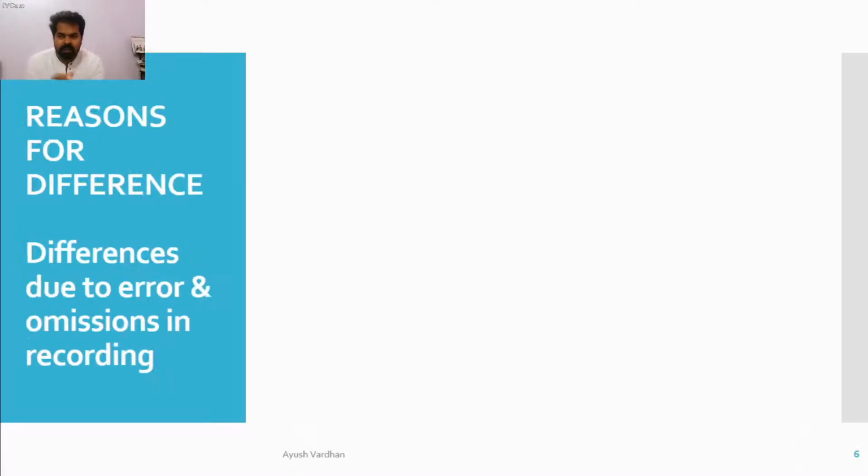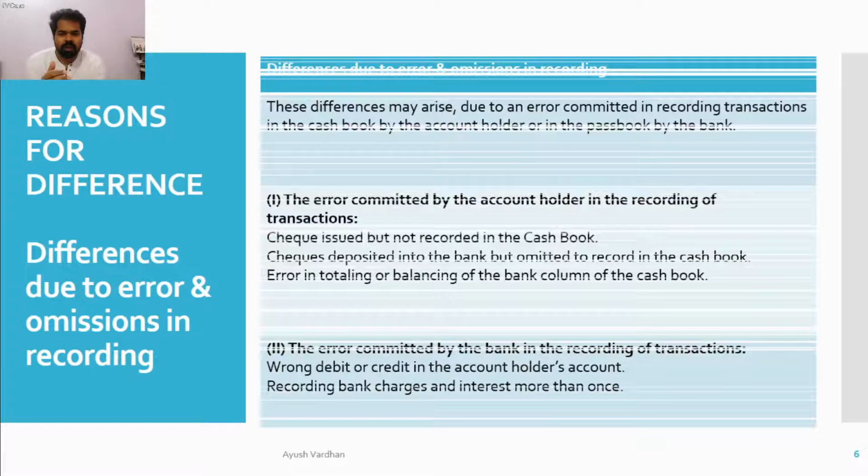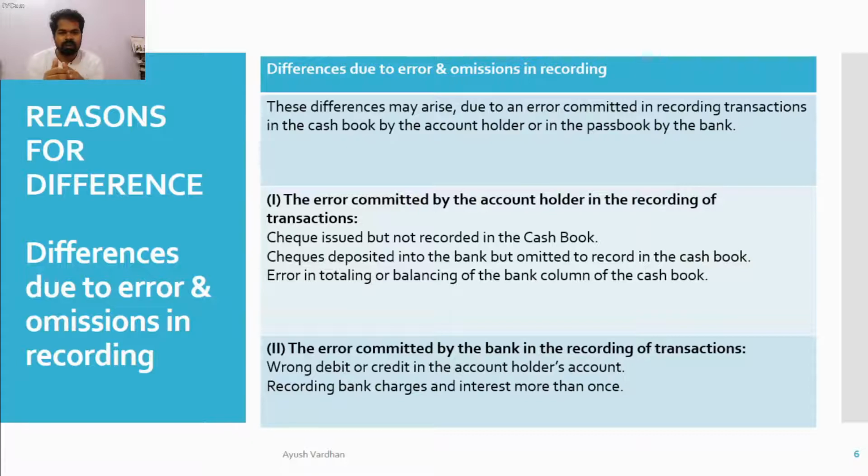So next, go to another point. That is difference due to error or omission in the recording. What is this? These differences may arise due to an error committed in recording transactions in the cash book by the account holder or in the passbook by the bank.